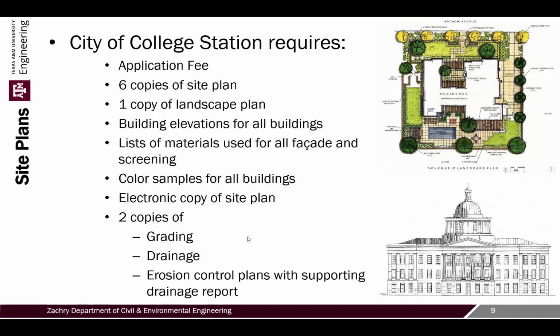There was often a lot of contention between the owner of the establishment and College Station, and one of the things that he did one time was he painted his building this garish pink color, and that was not actually allowed in the color samples for the city of College Station.